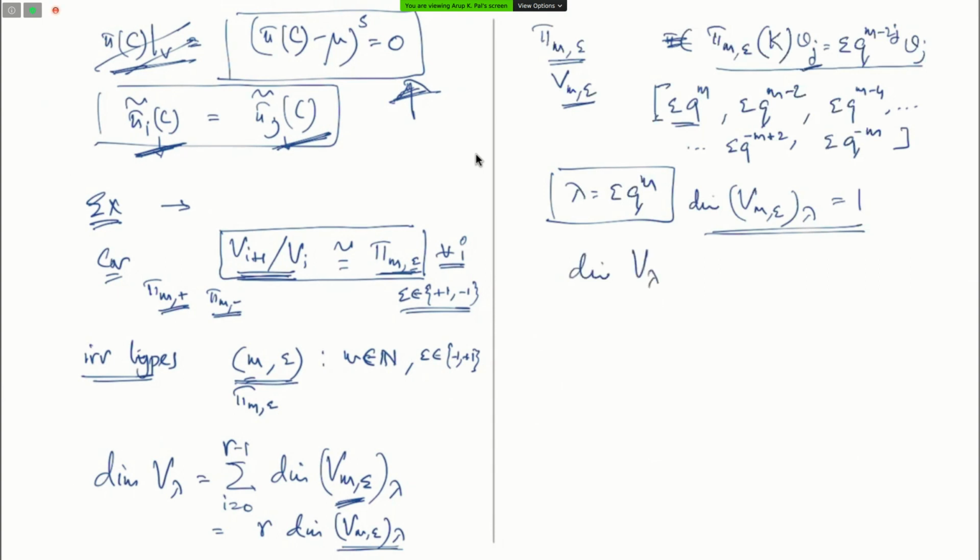So dimension of V_λ is r. Okay. Now if you take a vector in V_λ, and if you look at this, what is it?